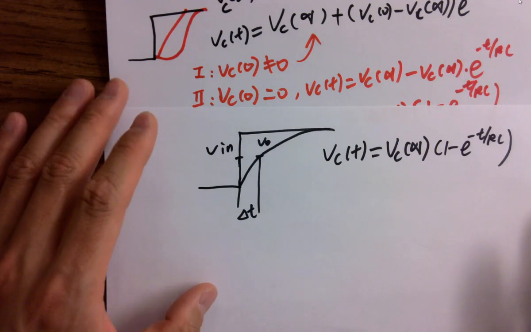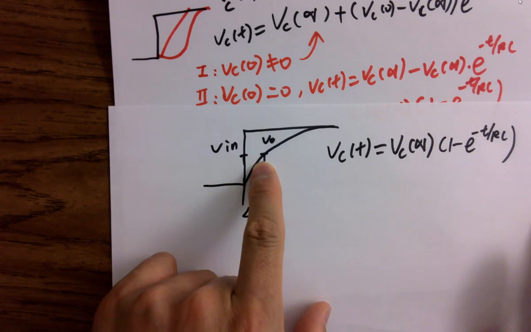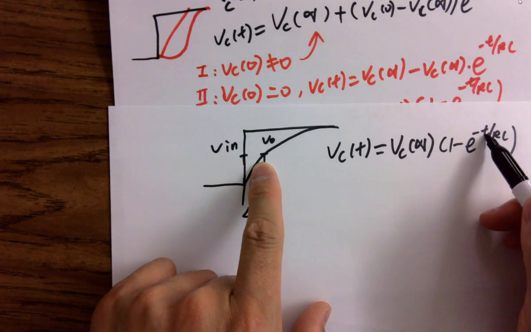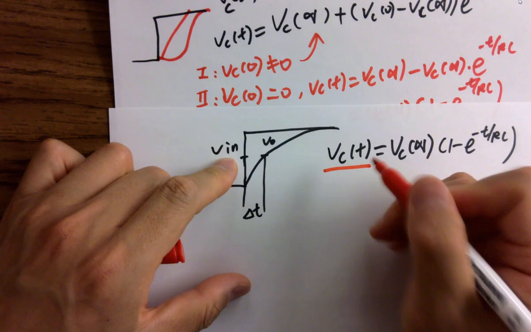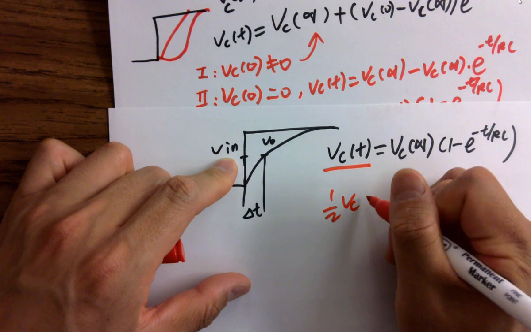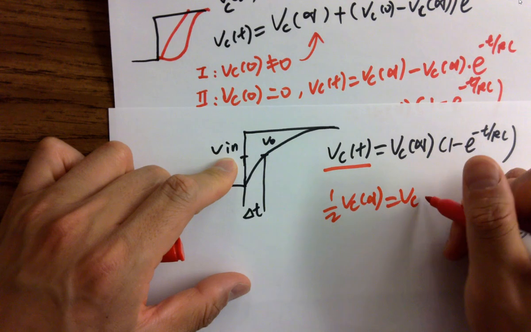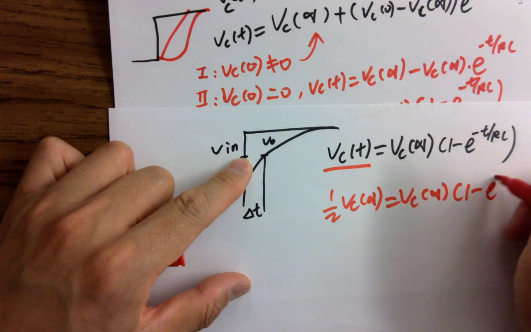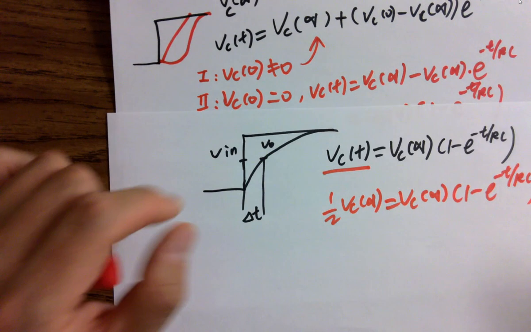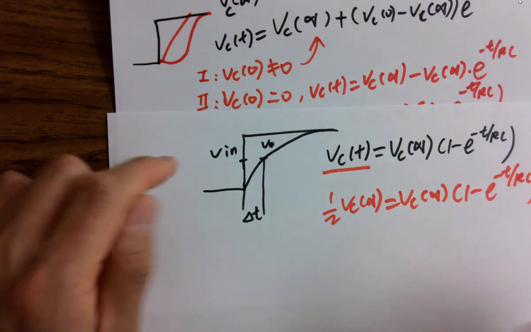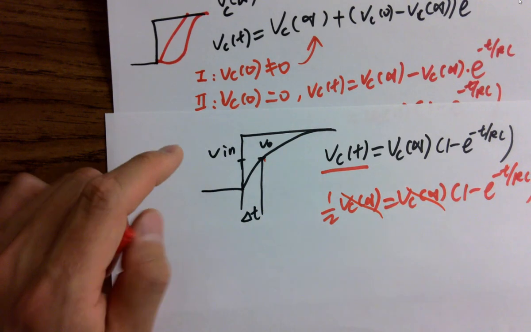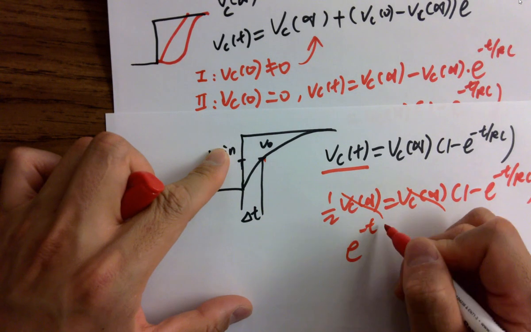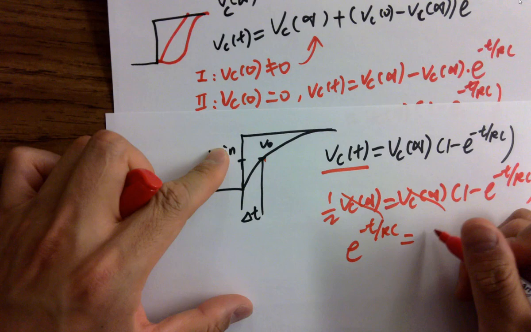Because we know that time delay is defined as 50% of the voltage, it's basically whenever VC(t) equals half of VC infinite, right? When VC(t) reaches half, this can be cancelled. So e to the minus t over RC becomes 0.5.